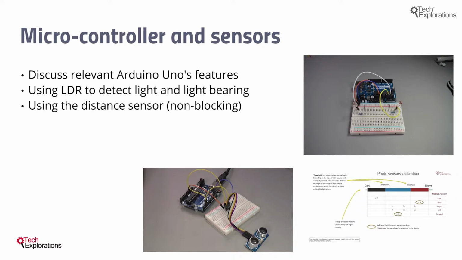And we'll also look at the specifications and the features of the light dependent resistor and the ultrasonic distance sensor, the two kinds of sensors that a robot will be using. There's also a lecture in here that matches the problem specifications with the features of the photosensors and explains how we can use the photosensors in order to address the problem's requirements.